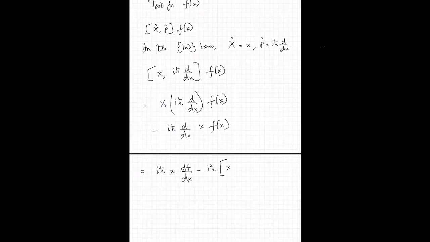The first term is x df/dx. The second term is f times d/dx acting on x, which is just 1. Okay. Now you find that this term and this term would cancel and you would get minus i h bar f.